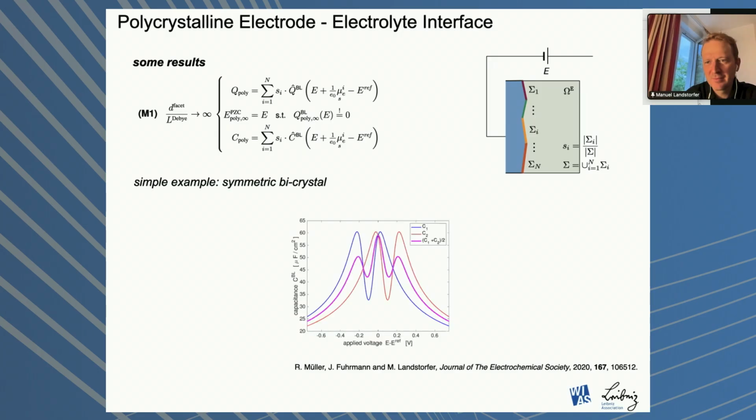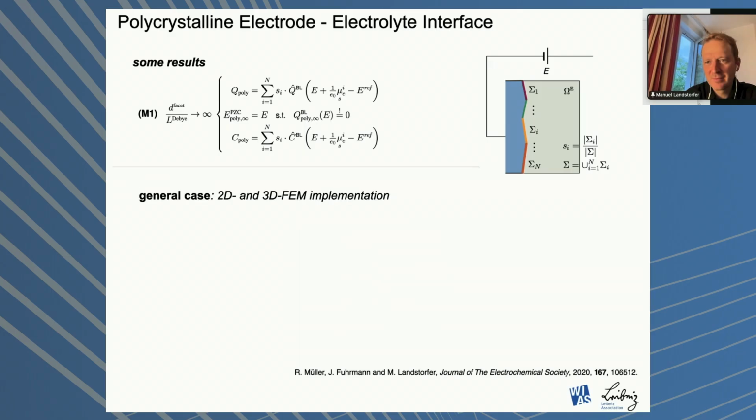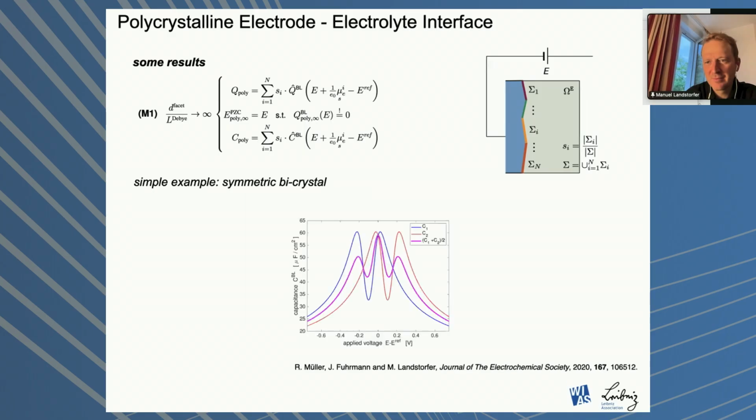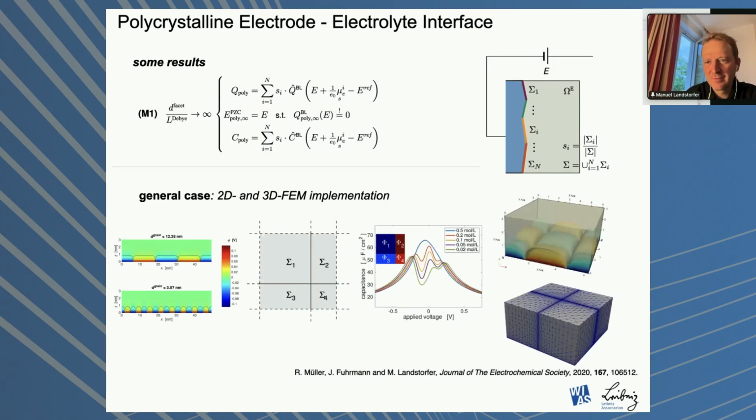And for instance, for a bicrystalline surface, it's not so easy to be seen, but consider you have a metal surface which consists of two facets. Then you will find the magenta-lined capacity curve as the one for a bicrystalline surface. We can even do this spatially resolved for 2D and 3D examples.